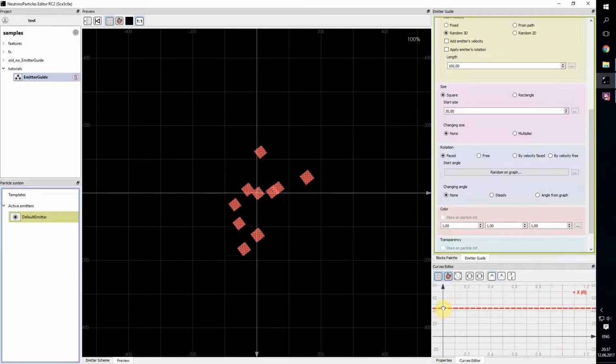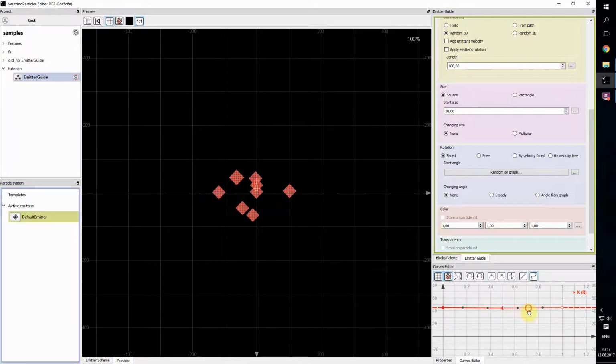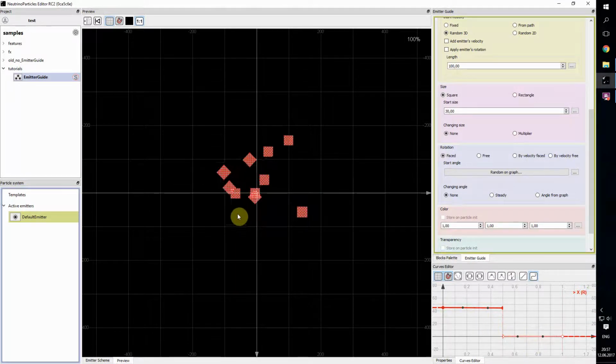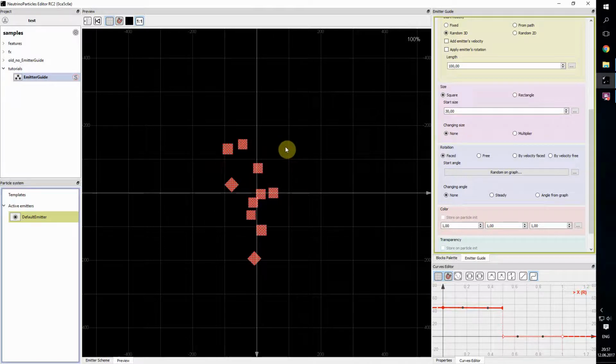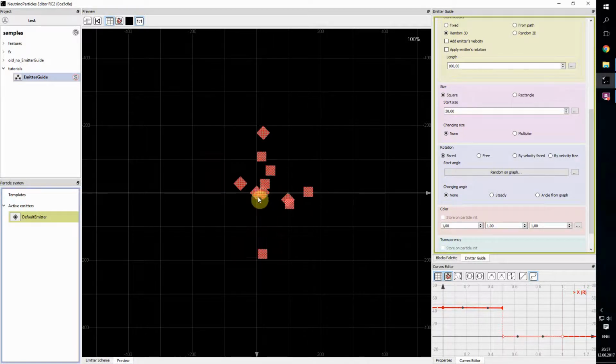Now half of the particles will be turned on 45 degrees, and the second half of them will not be rotated at all.